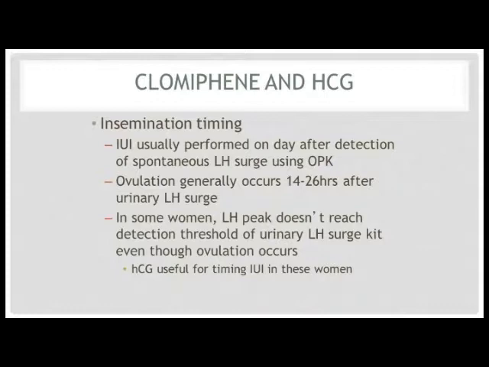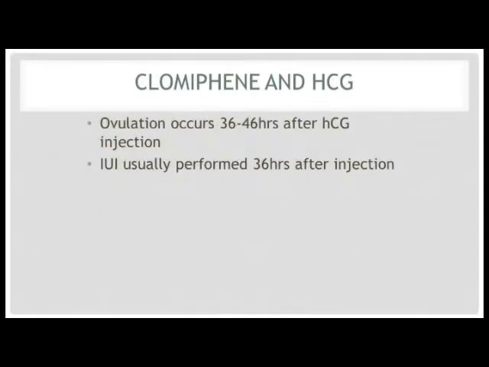This is going into, okay, now I've triggered, now I want to do an insemination. When do I do it? Usually, if they are using ovulation predictor kits, and they call and say, hey, I had a surge, they come in, we take a look, we see if they're developing an egg, and if everything looks good, their parameters look great, we say, great, we'll do an IUI tomorrow, because it should happen 36 hours after the surge.